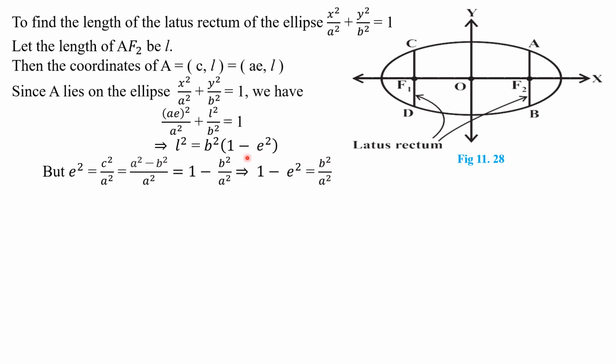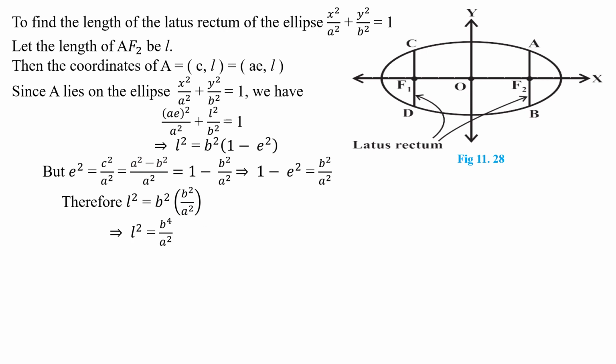So we substitute this value of 1 minus e square in this step. Therefore, L square is equal to b square into, what is the value of 1 minus e square we have found here, b square by a square. So we substituted this value in this step. Understood this step, my children?